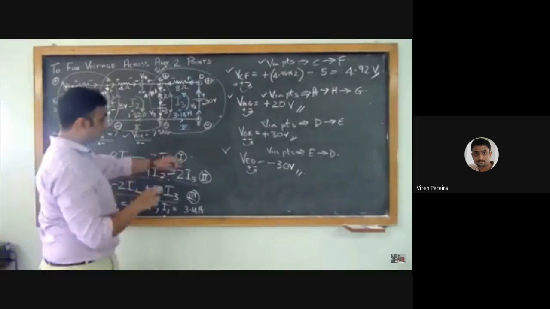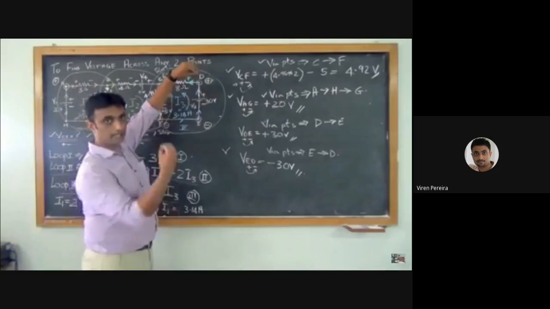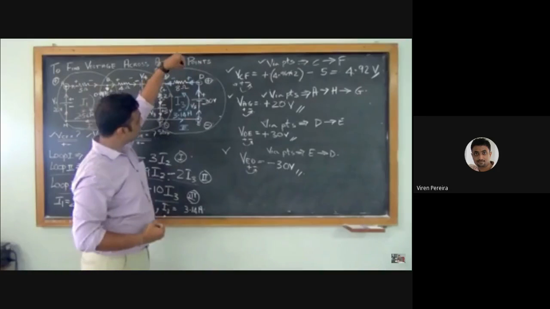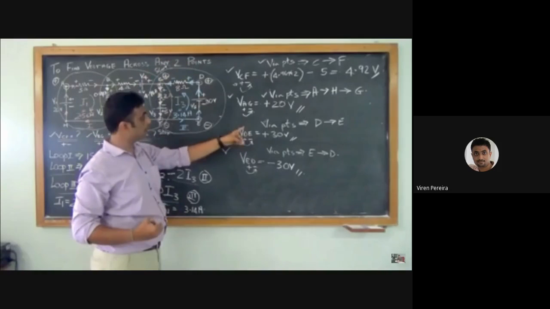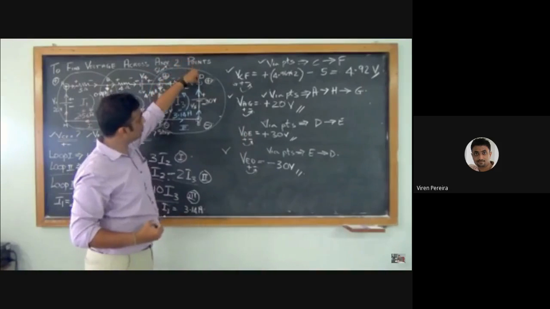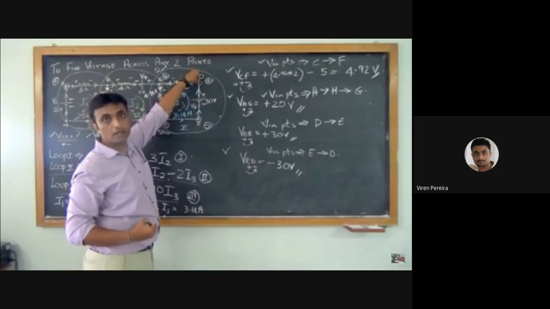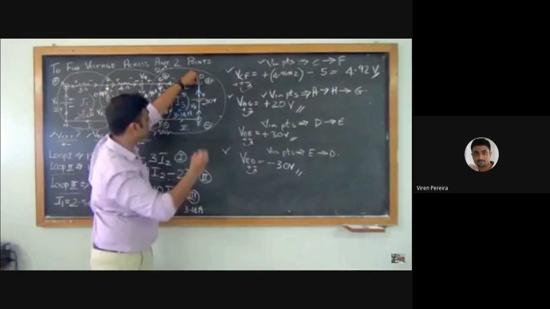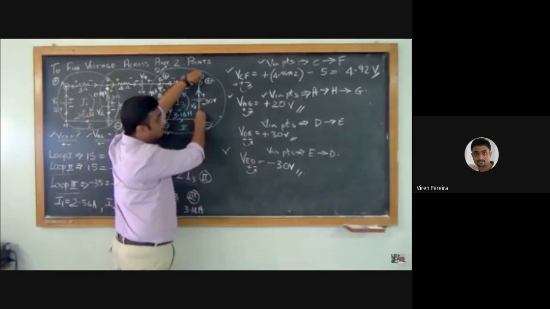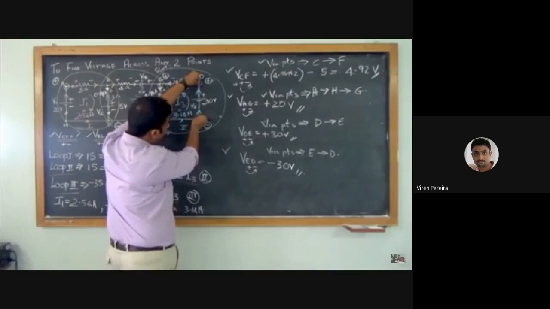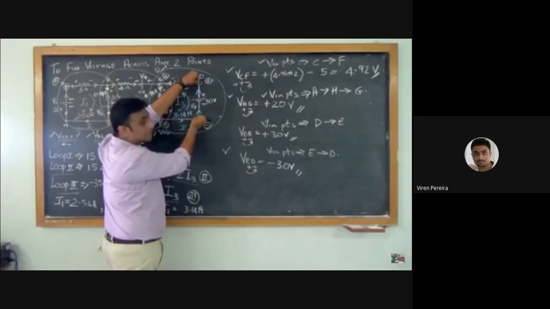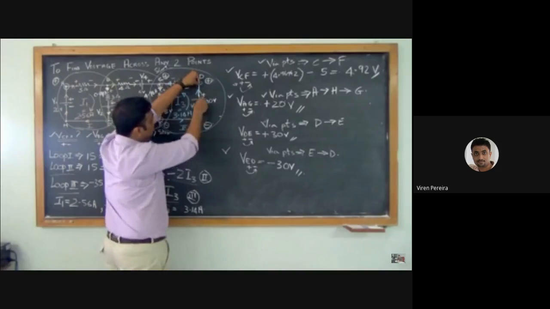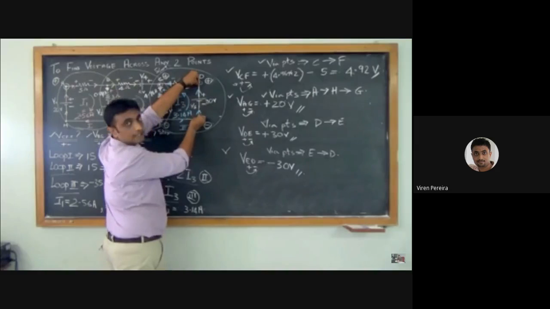If I connect my multimeter across points VDE, the first terminal, the positive terminal, will go on point D, and the negative terminal will go across point E. In my display I will get plus 30 volts, because this is positive and this is negative.